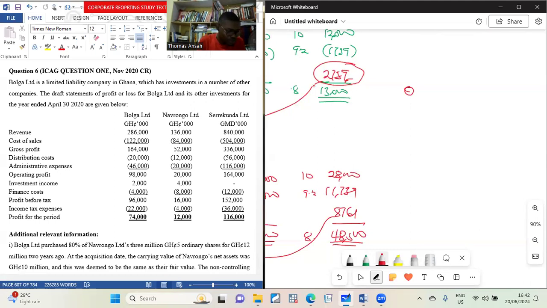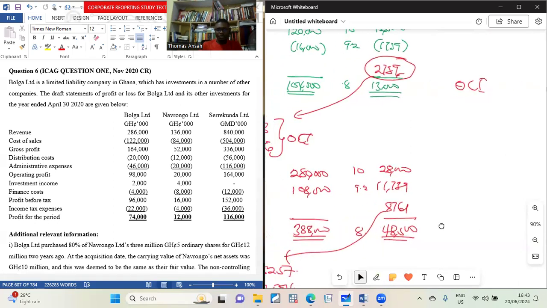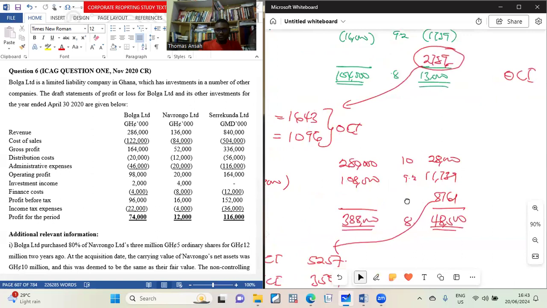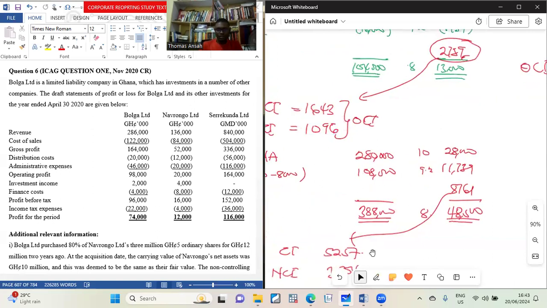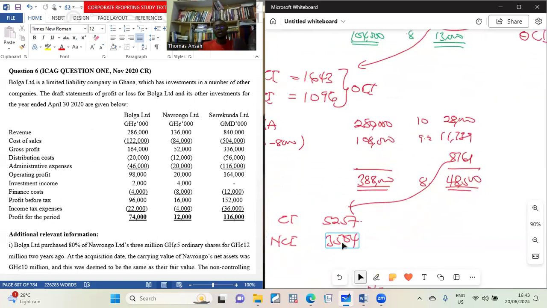8,761, which gives 11,500. So what you can do is that if you get your profit after tax, you can come and add this 1,228. So you add it when you get total comprehensive income. Then when you are sharing, after you had 5,200 for the NCI, you come and add these 2 figures to it. You add it to it.